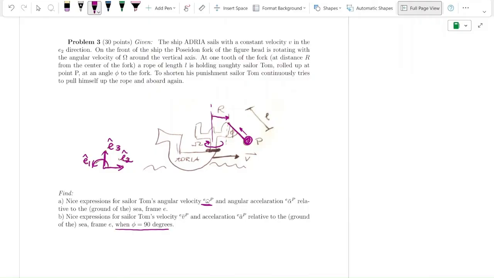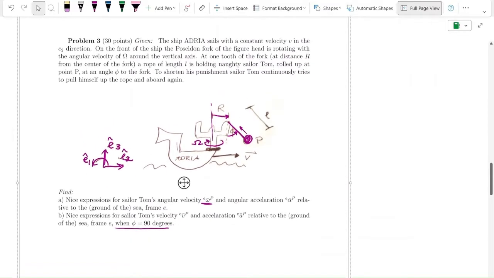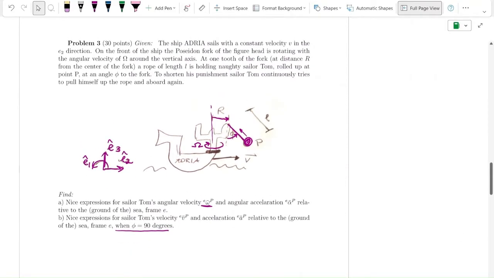In this case, we have one complex rotation of the fork, which is going around here at angular velocity omega. And we also have Tom, who is swinging back and forth, at an angle phi from horizontal. So I'm going to denote phi as being counterclockwise, going counterclockwise up from this vertical here.